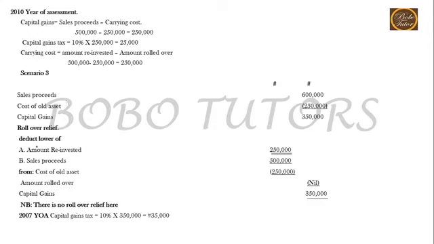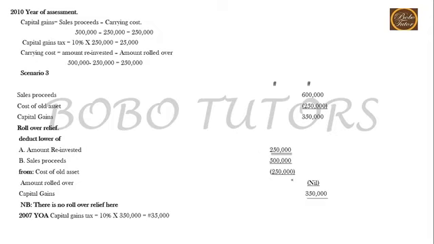Sorry, it's not 500. It is 600,000. Sorry for that mistake. So the lower between these two is 50,000. 50,000 minus 50,000, that's nil. So there is no amount rolled over. So this is the capital gains that we are going to charge tax on.